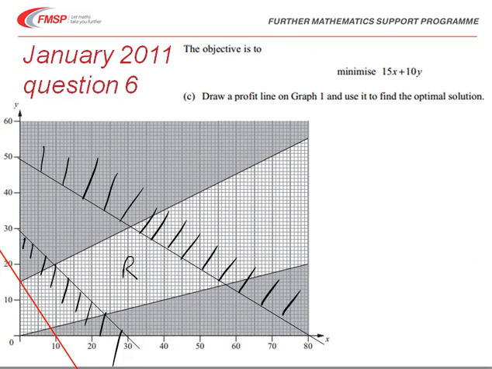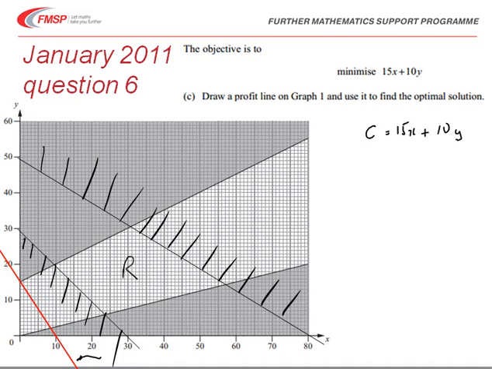Moving on to the next part of the question, we're asked to minimize the function c, let's call it, equal to 15x plus 10y. Now I've put in one particular value of c, so I've actually drawn the line 15x plus 10y is equal to 150.